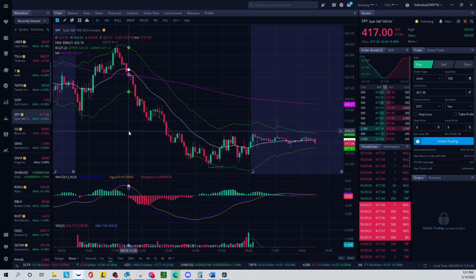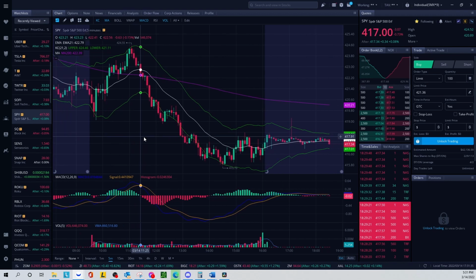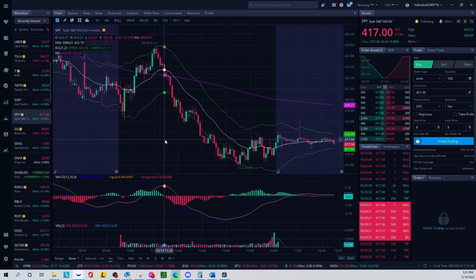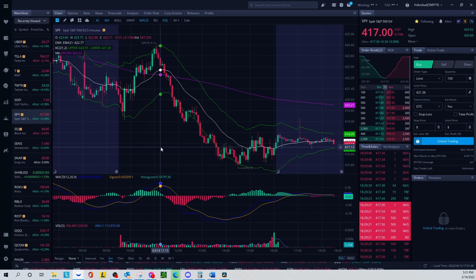So why do I even have it on the chart? If you look at this, you can see that when the price action moves closer to those bands, then something happens, and that something is usually a reversal.